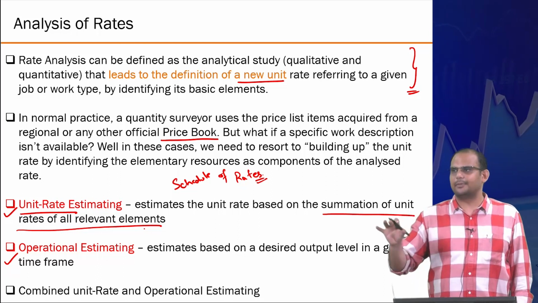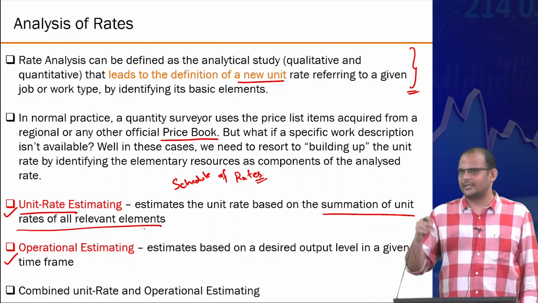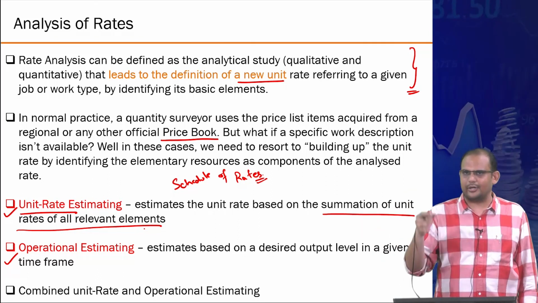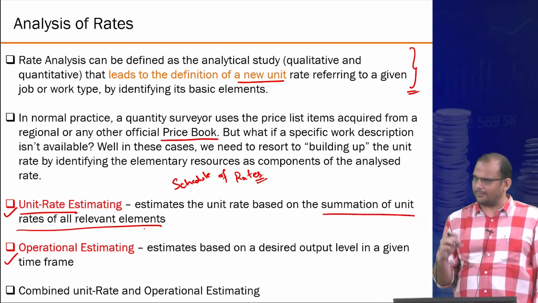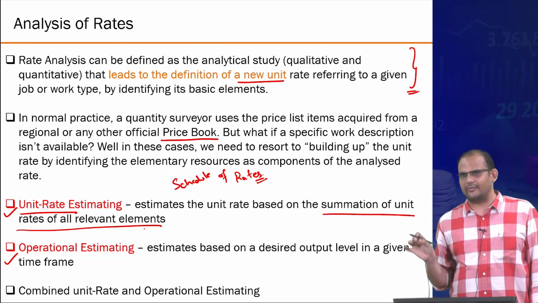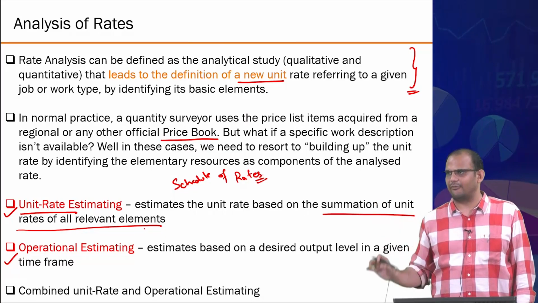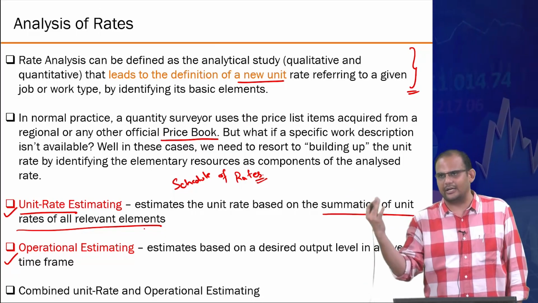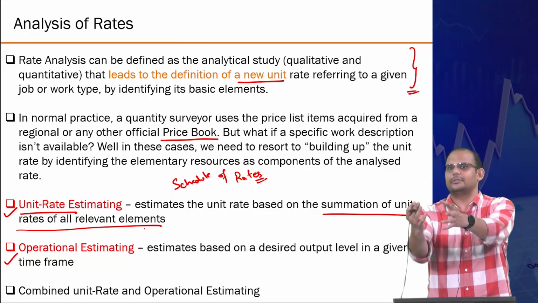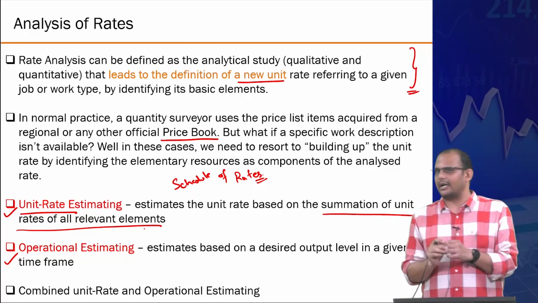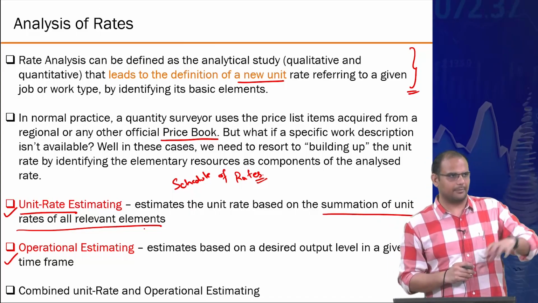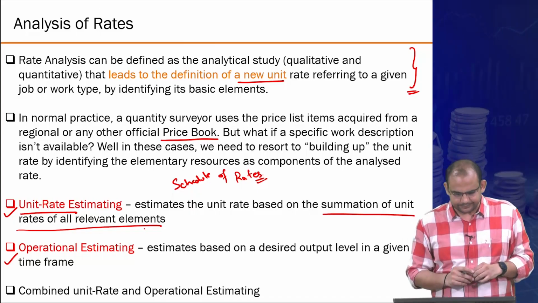For example, in 1 cubic meter of concrete, 10% of that is sand, or 20% of that is sand. So what is the 20% cost? 30% of it is cement, what is the water's volume, or the money involved for 1 liter of water, whatever. You combine and you say that, sir, this is the unit rate of 1 cubic meter of concrete, because so much material was required in that.